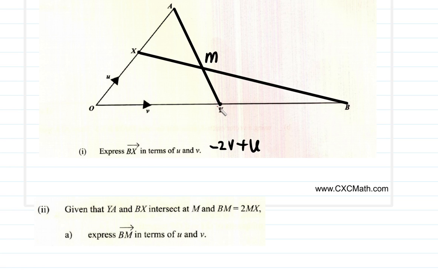So you have YA and BX intersect at M. BM, that's from B to M, is 2 times MX. Well, it's not really too far from it, even though.